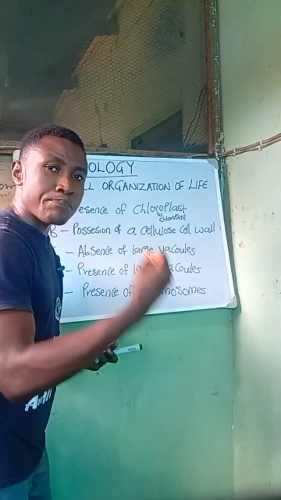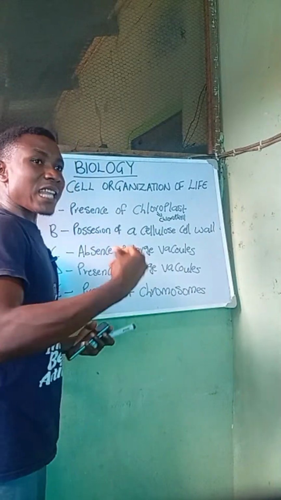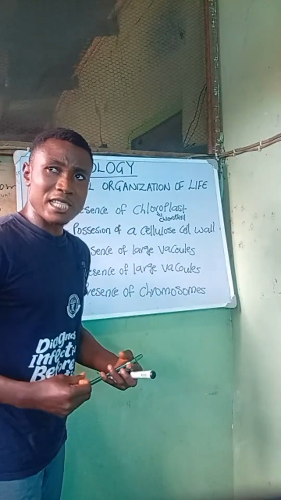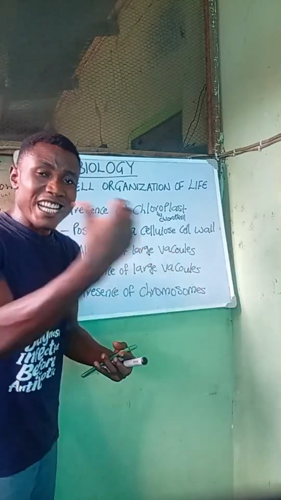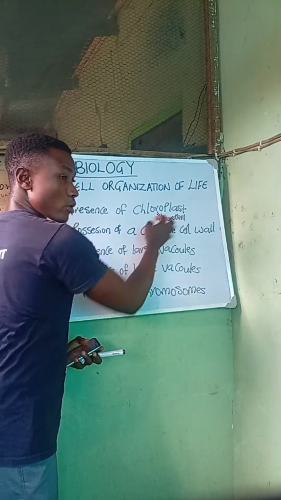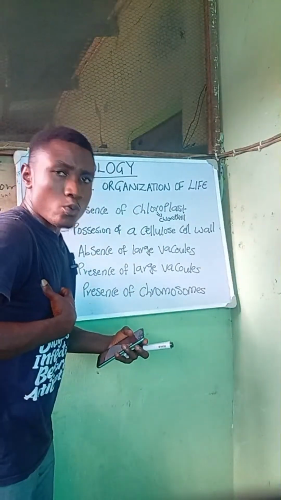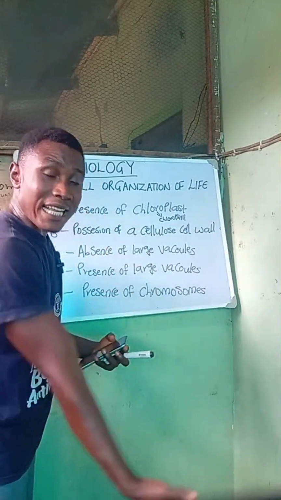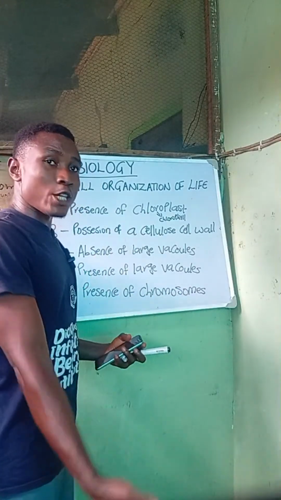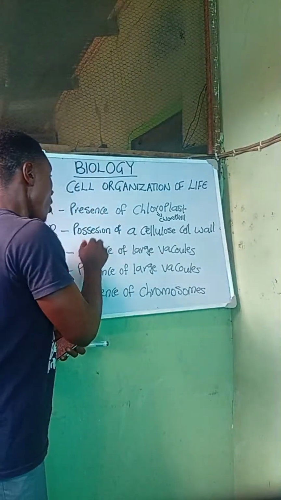Chlorophyll is a green pigment found in plants, responsible for photosynthesis, and it is housed by the chloroplast. Animals do not undergo photosynthesis. We don't produce our own food. We depend directly or indirectly on plants. So presence of chloroplast is wrong. B. Possession of a cellulose cell wall.